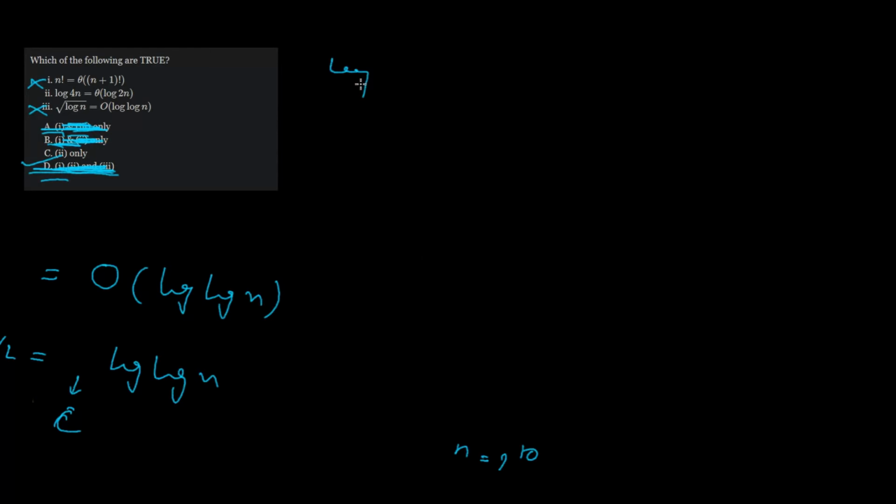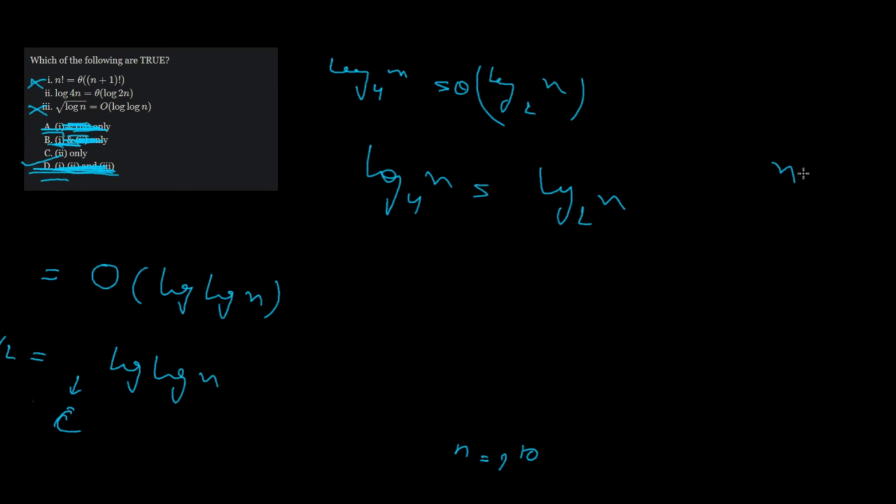Log n base 4 equal to theta of log n base 2. So let's equate this. We have to find a value of n such that it is a power of 2 and 4 both.